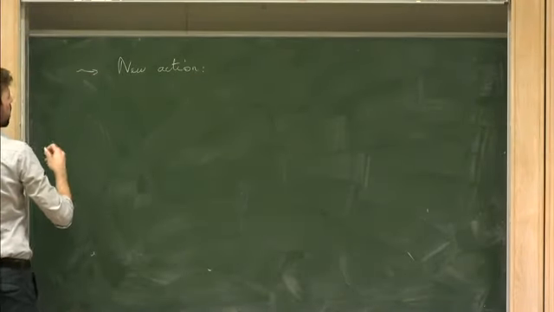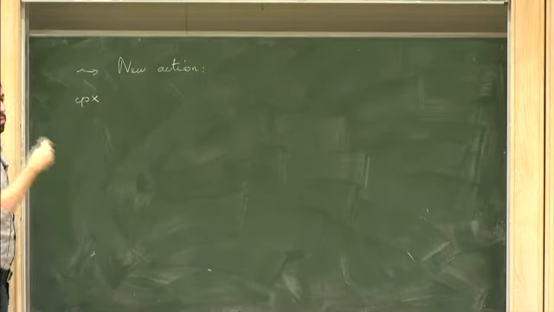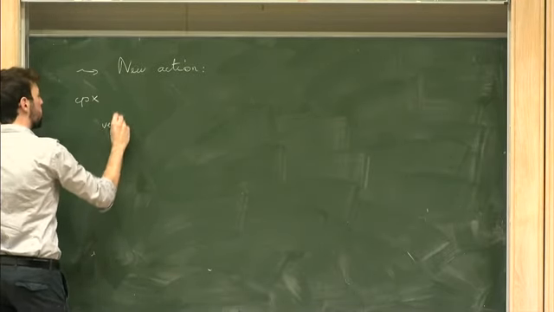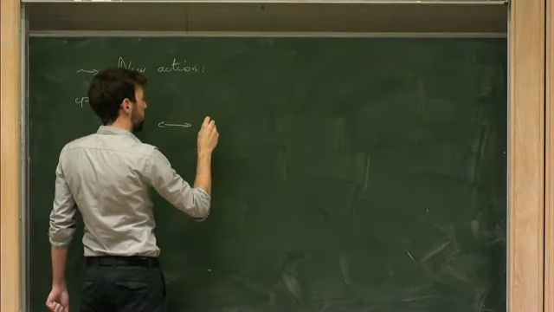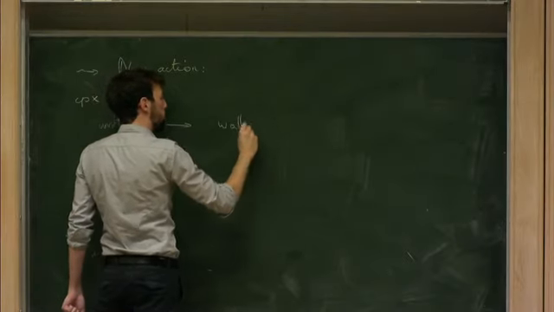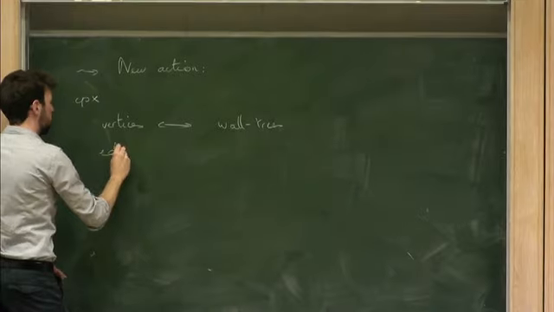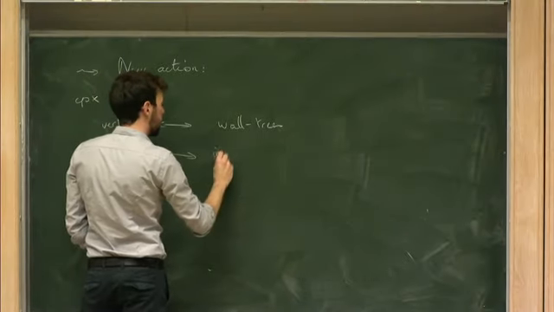So now we're going to construct a complex, as usual, given by vertices, edges, etc. The vertices are going to correspond to the wall trees, and now you're going to put an edge between two such vertices, so two wall trees, whenever they intersect.